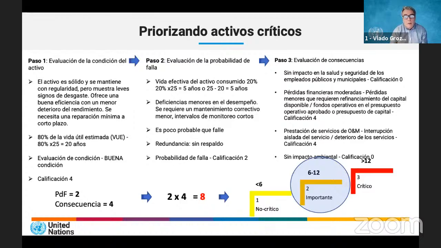For example, if we have one asset that has a certain physical condition, deteriorated over time, then the risk exposure is higher. And we say this is a critical asset and it's high risk for the future performance of our asset. And that can have certain consequences.